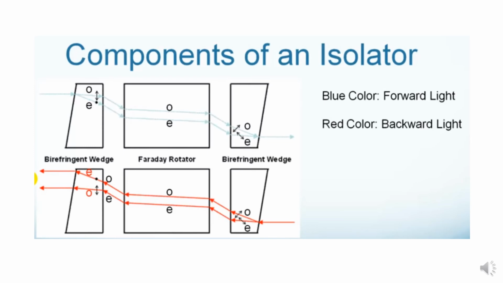We can observe that the E beam follows the original E beam direction and the O beam follows the original E beam direction. They are separated apart and cannot get into the input fiber. So they are totally blocked from traveling back. This second figure indicates that the isolator totally blocks light from traveling back. So this is the internal operation of an isolator.